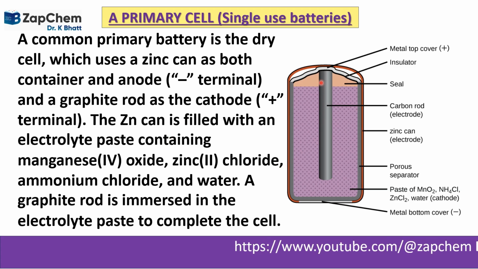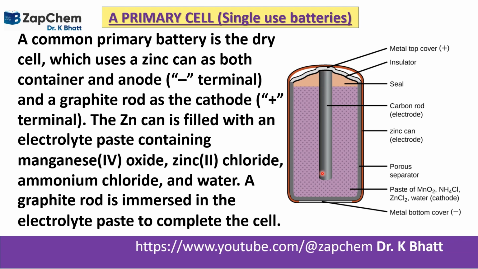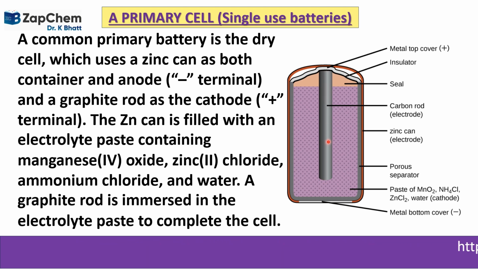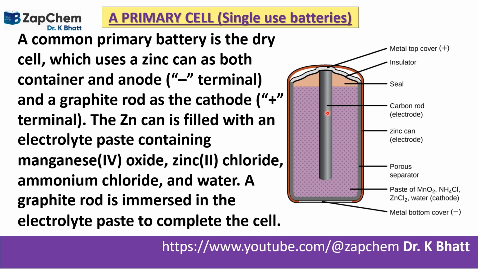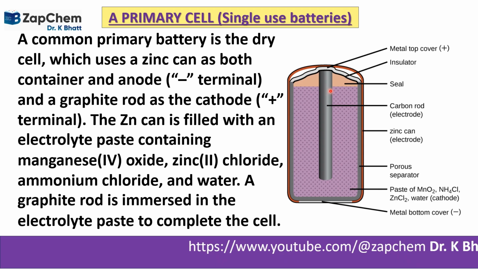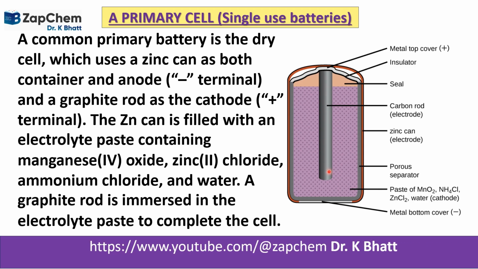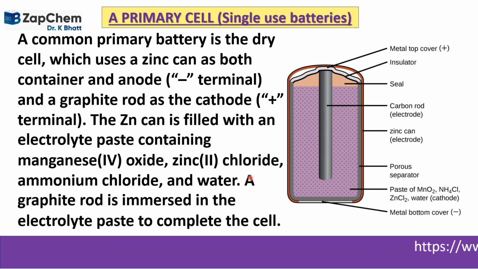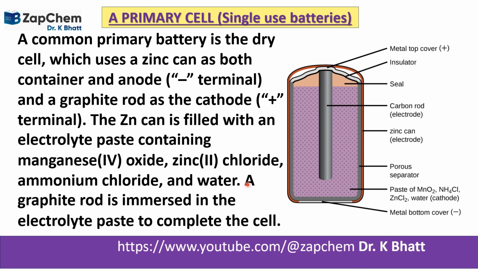And if you look here, at the center of the container, at the middle of the container, there is a carbon rod. This is one form of carbon we know, which is a good conductor of electricity, and that is graphite. So there is a graphite rod in between, just at the middle of the can. And then we need an electrolyte, just like a galvanic cell. But this is not a liquid electrolyte which is filled here.